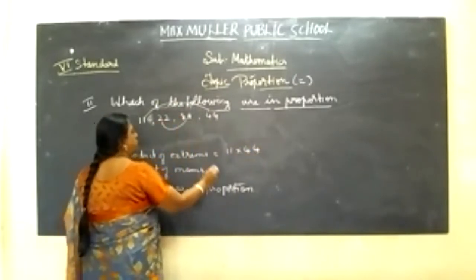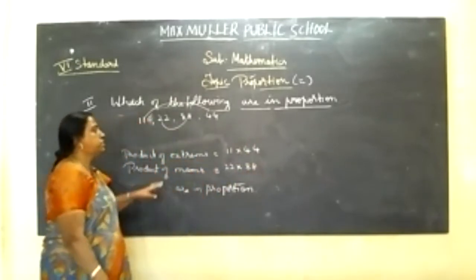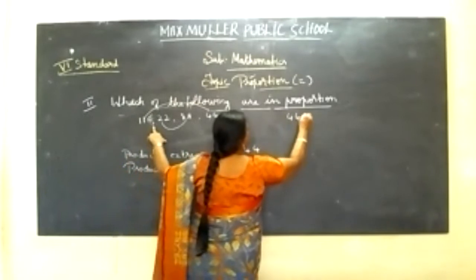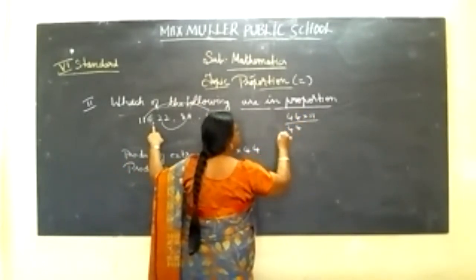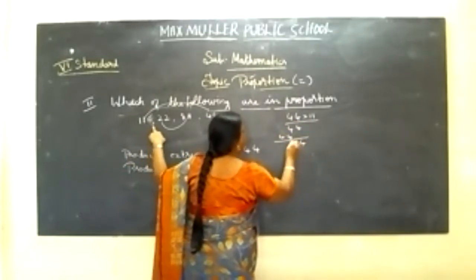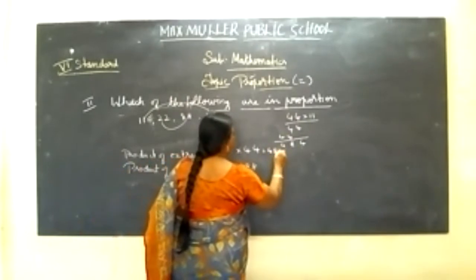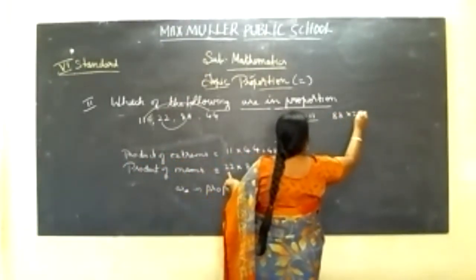Product of means: 22 into 88. Whether they are in proportion or not, we'll check. 44 into 11: 1 4 is 4, 1 4 is 4, 4, 8, 4. So here what we got? 484.